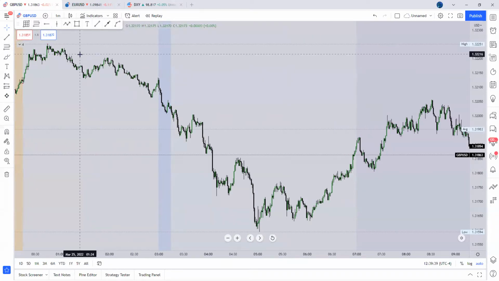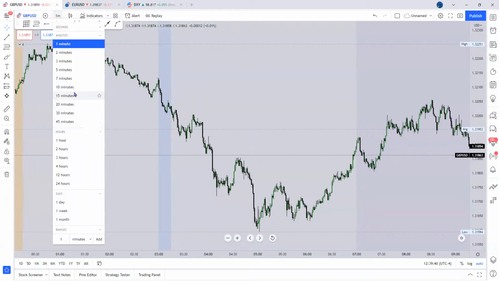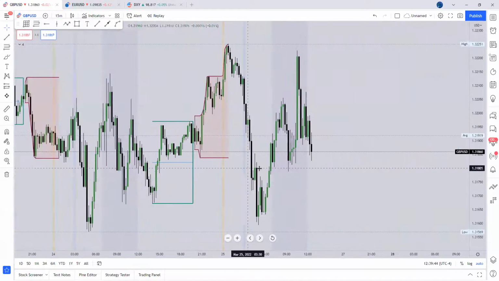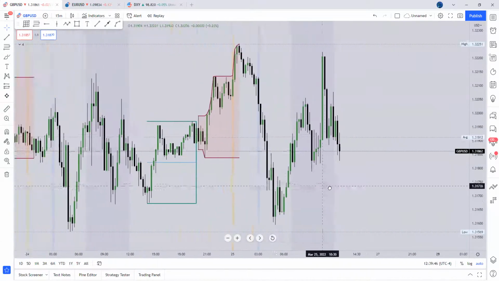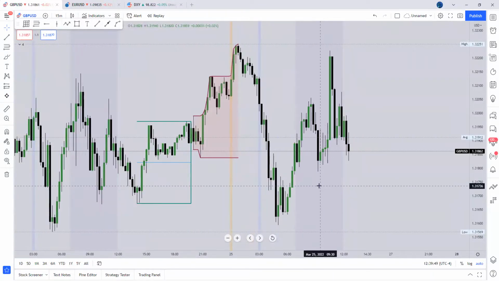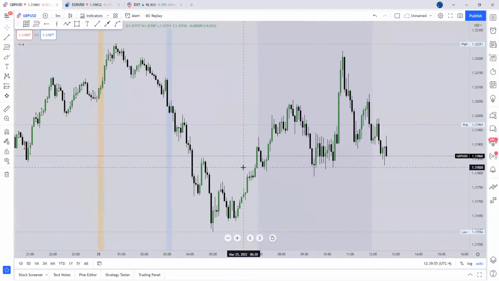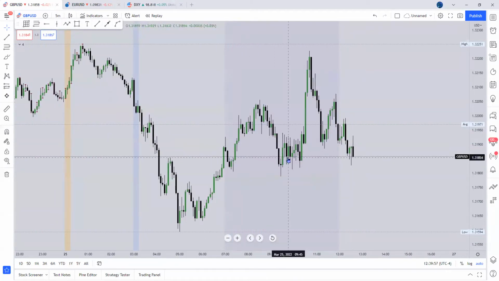So let's assume that your 15-minute time frame, or even your 5-minute time frame, is your daily chart. Let's assume this is a higher time frame chart. Let's look at the 5 also. If we look at it this way, it becomes a little bit more obvious, right?